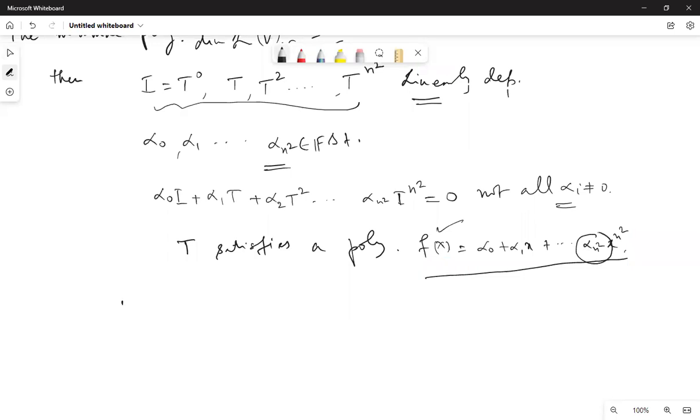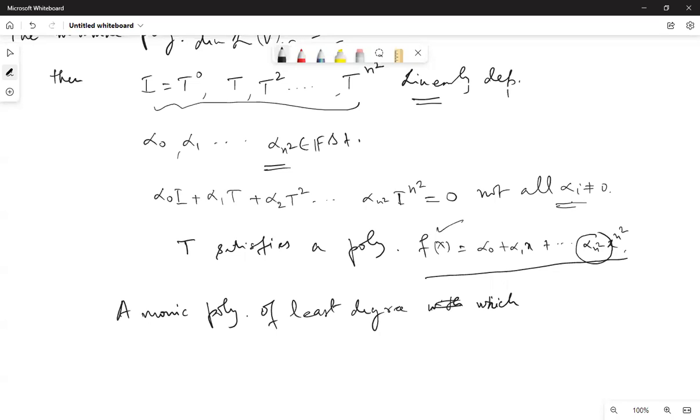So a monic polynomial of least degree. Sir, you have written alpha i not equal to 0, but it should be not all alpha i equal to 0, only then this would be linearly dependent.